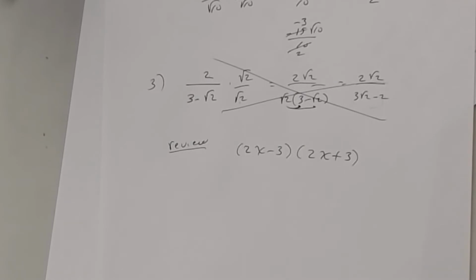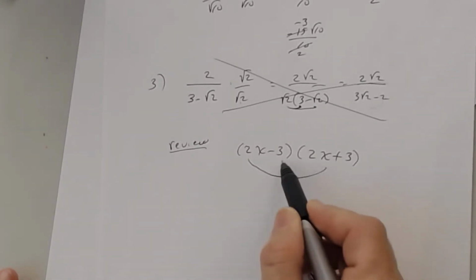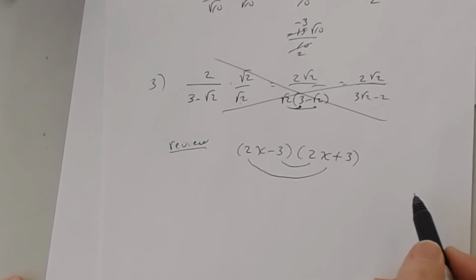The difference of two squares. And so when you follow this, what did you notice for the outer and the inner? When you added them up, what did you get?